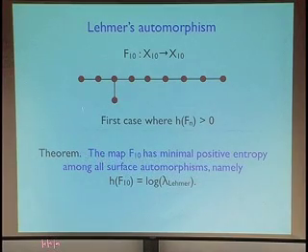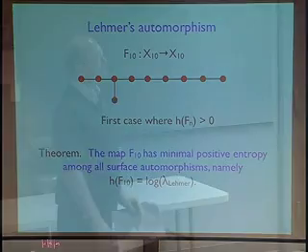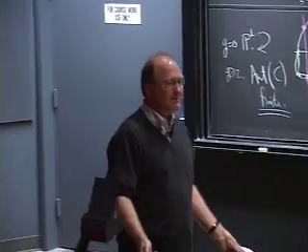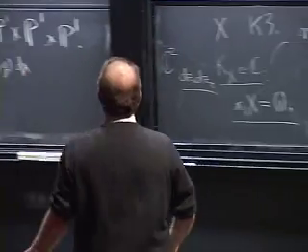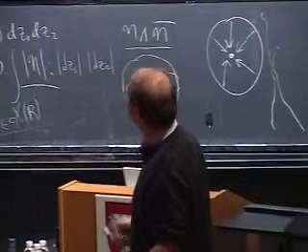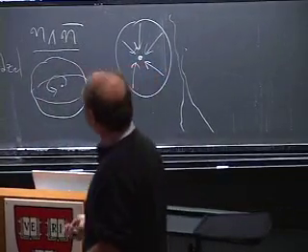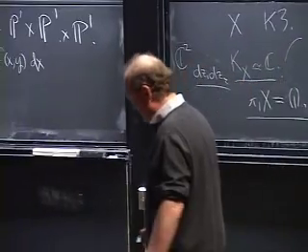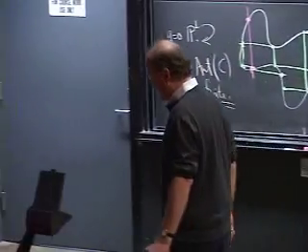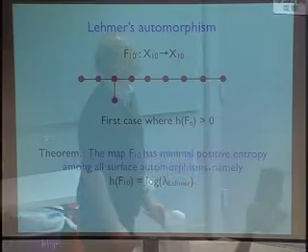This map, F10, obtained by blowing up 10 points on the plane, has the smallest entropy among all surface automorphisms with positive entropy. So this is my candidate, finally, for the simplest interesting dynamical system. And here's a theorem that makes that precise, namely, this dynamical system has, in fact, the smallest entropy among all surface automorphisms, assuming you have positive entropy to rule out, say, periodic things and things like the identity.